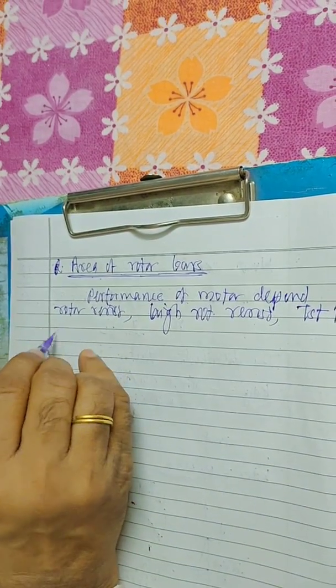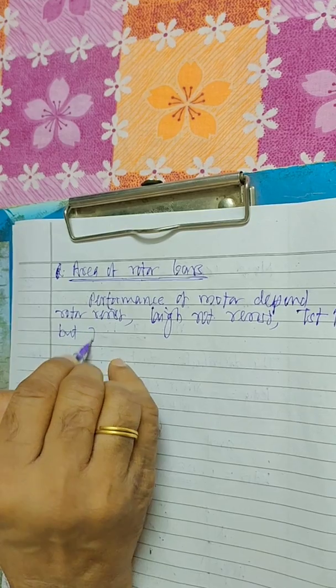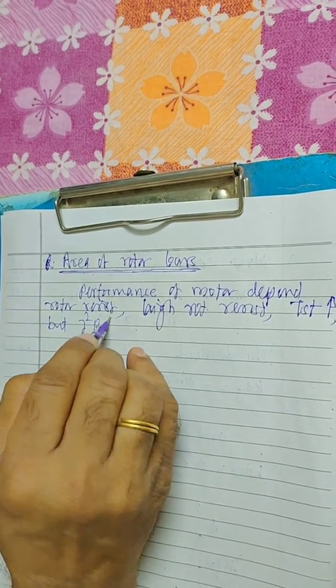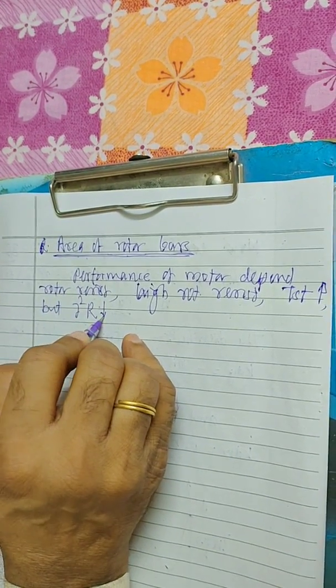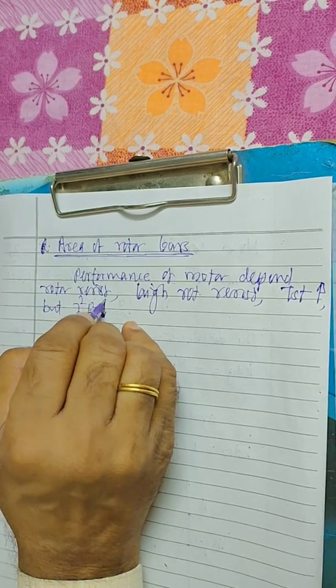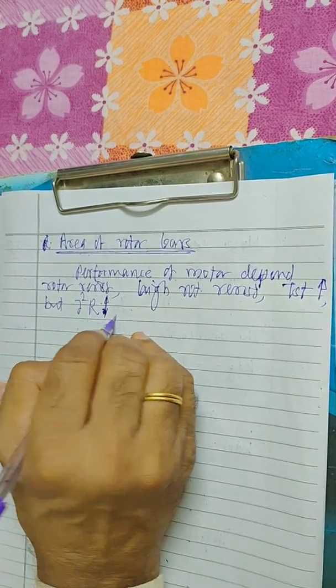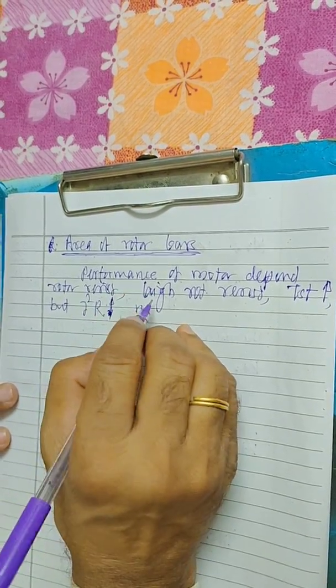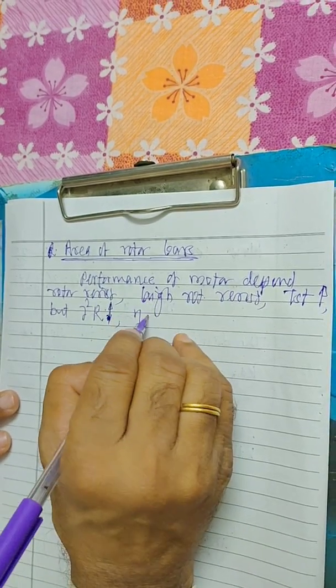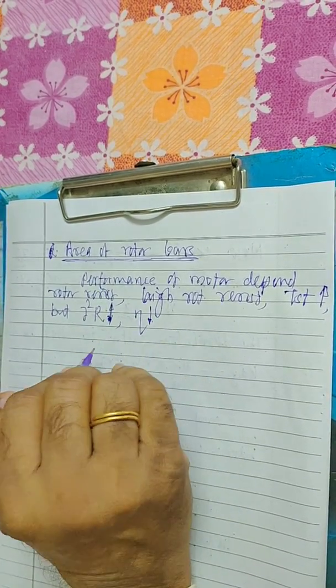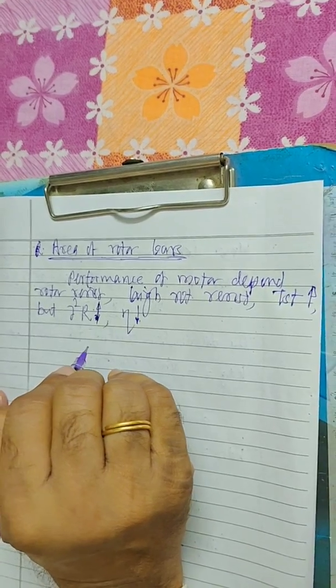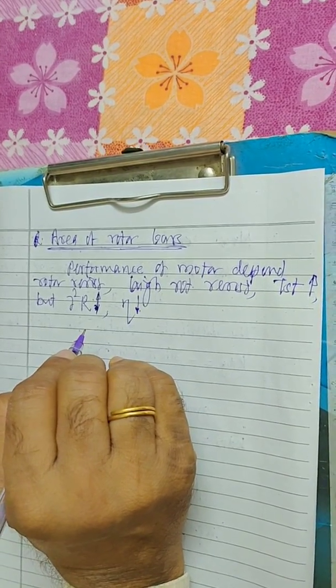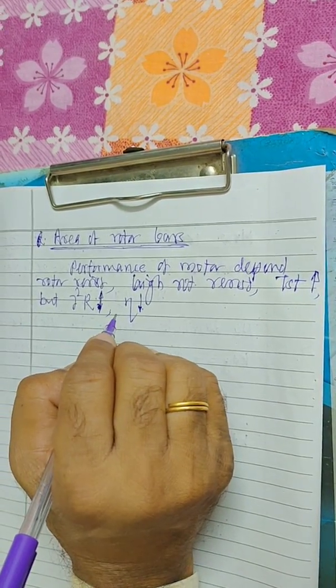But the disadvantage is that I square R loss in the motor is also increasing, so that efficiency of the motor is decreasing, and at the same time there is overheating of the rotor.